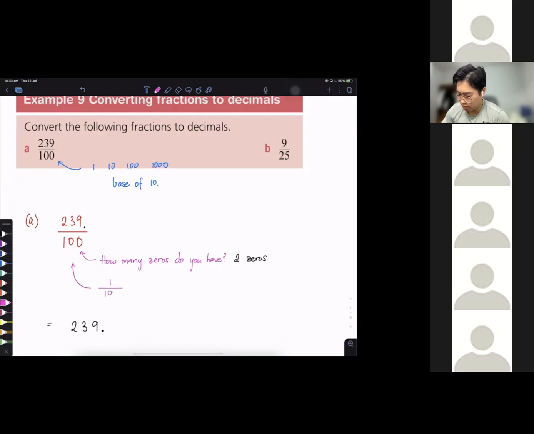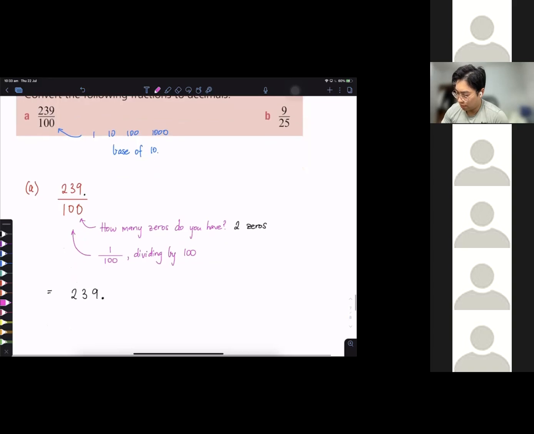Dividing by 100 tells us to move the decimal point to the left. Okay.